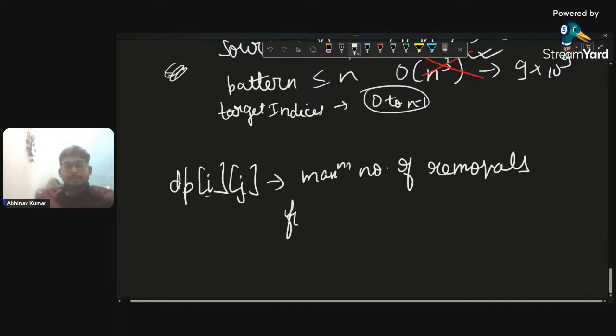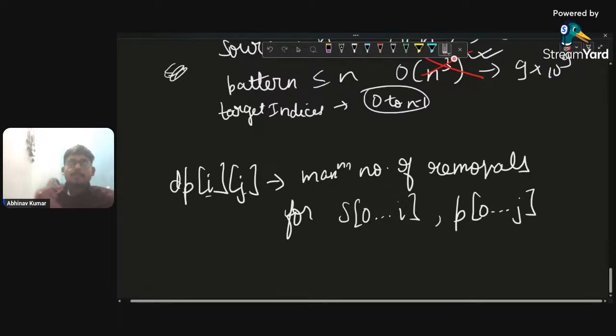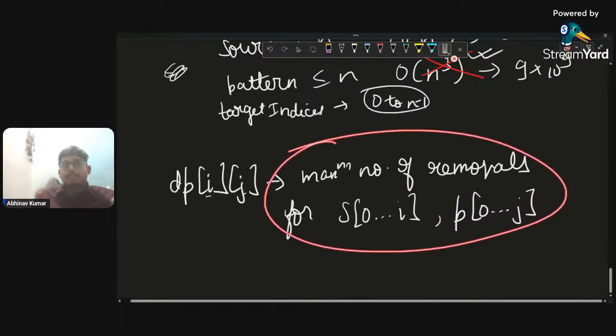if we have the source from 0 up till i, and the pattern from 0 to j as the question. If only that much source and only that much pattern was given, what's the answer that I'm going to store in my DP state?